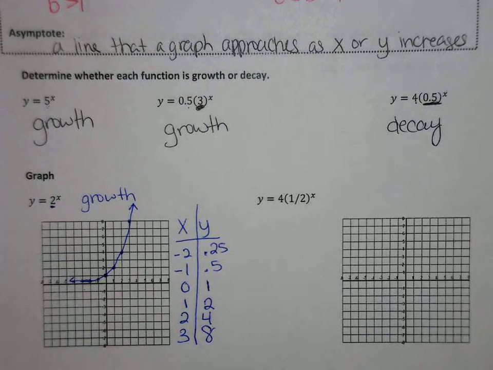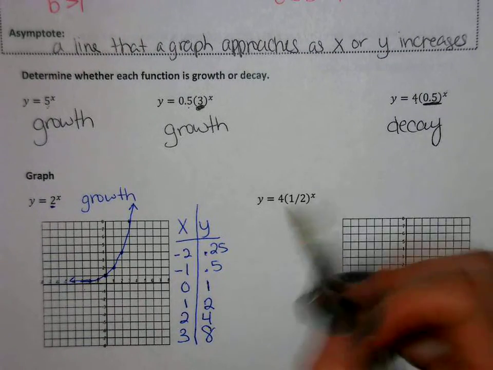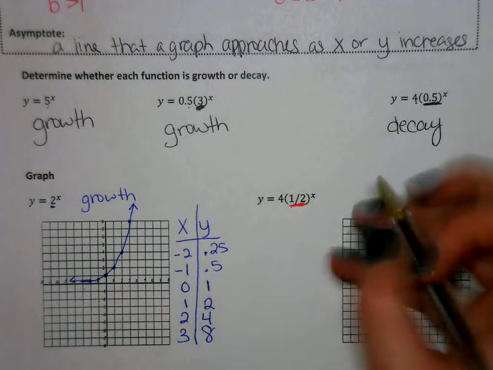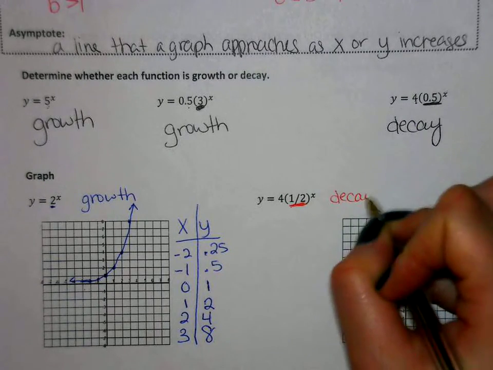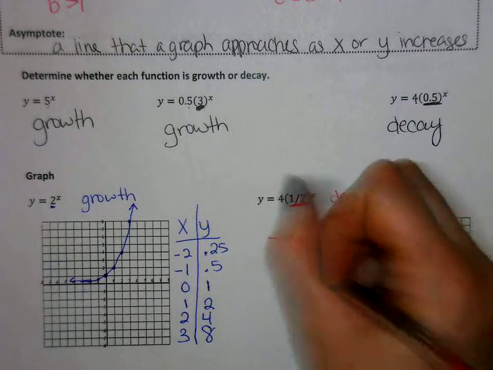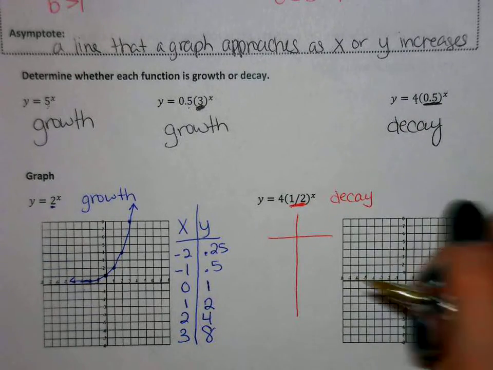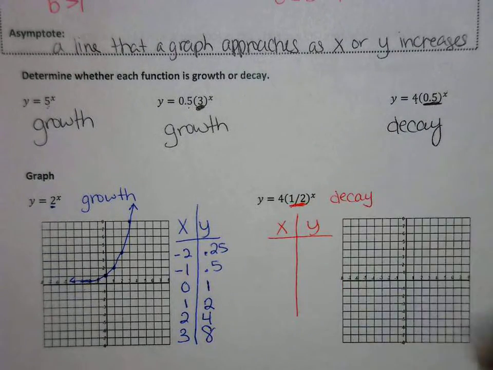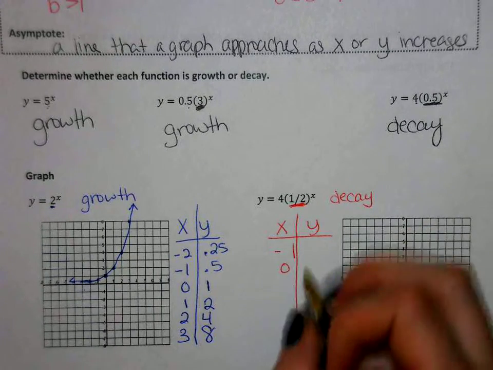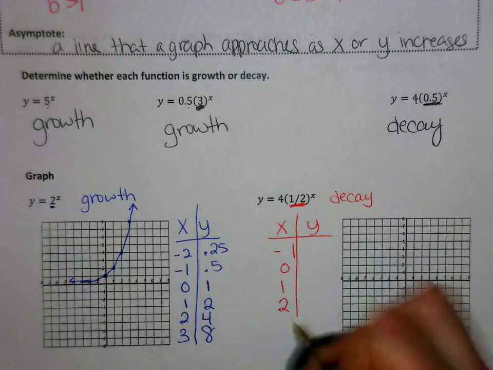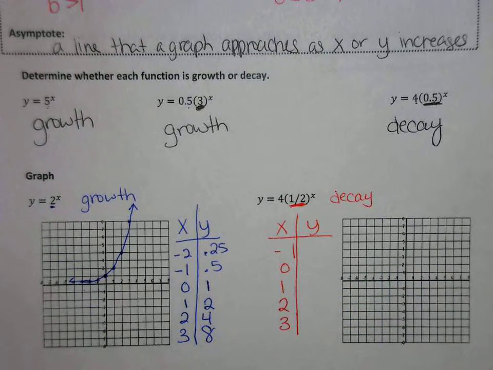Alright, so let's take a look at our next example. Based on b, it's a half, and that's less than 1, so this is going to be a decay graph. So let's look at x and y. So let's say we start at -1, 0, 1, 2, and 3.